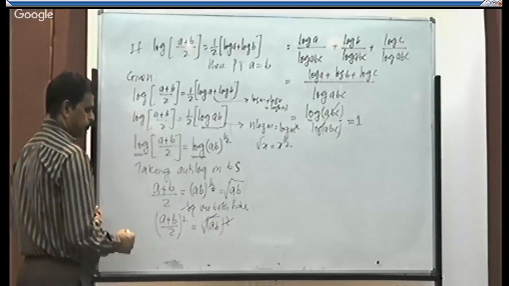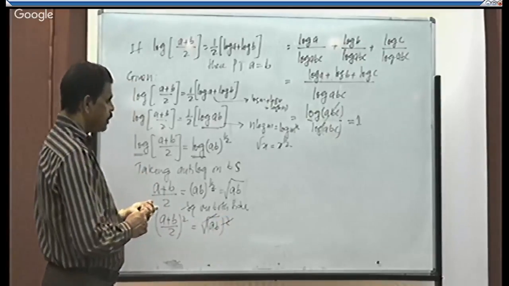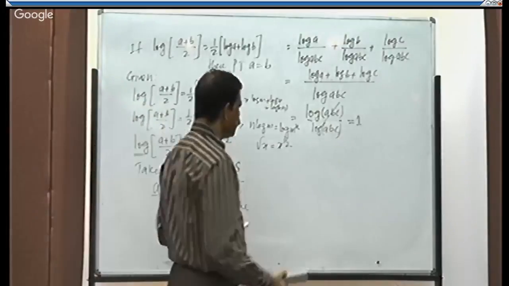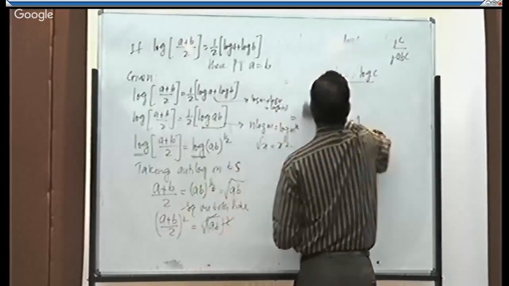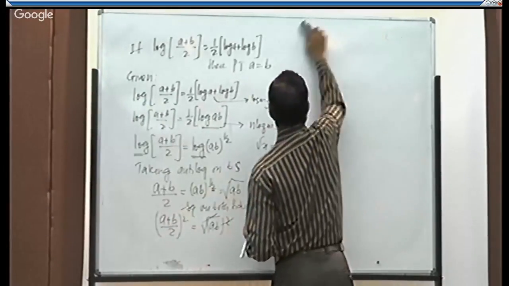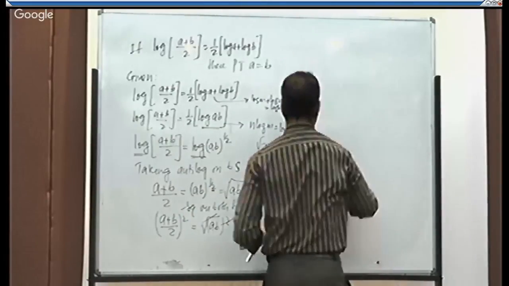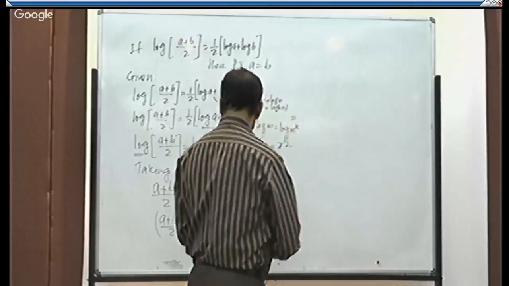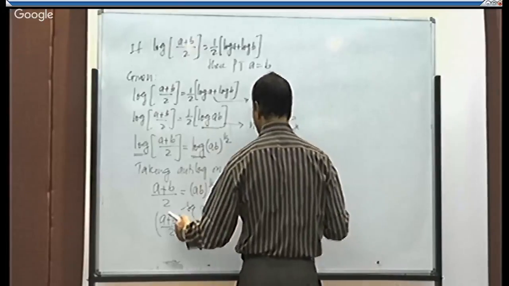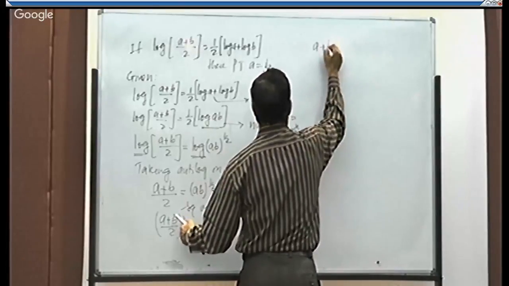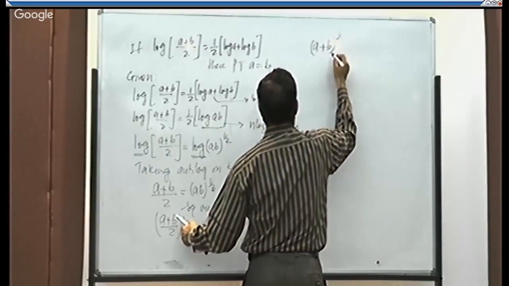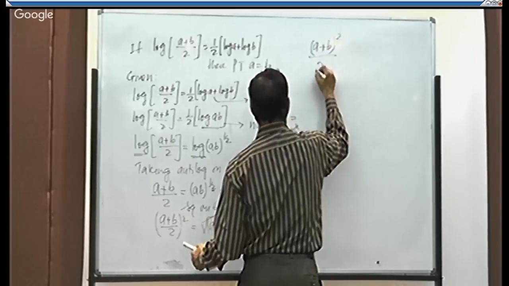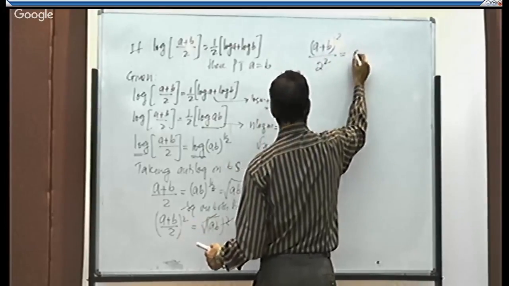The square and root get cancelled. On the left hand side, first take the square for both numerator and denominator. That becomes (a plus b) whole square divided by 2 square is equal to ab.